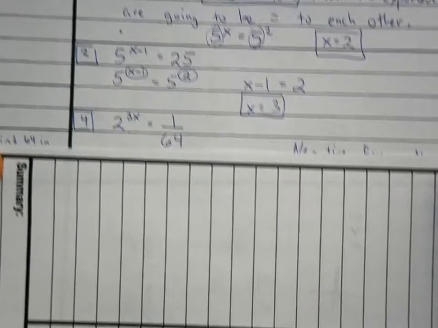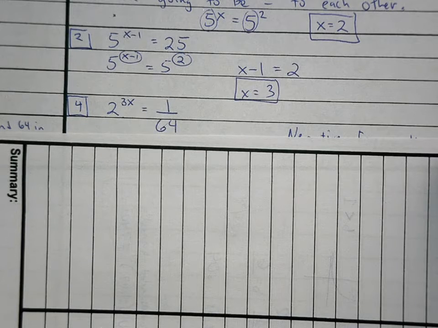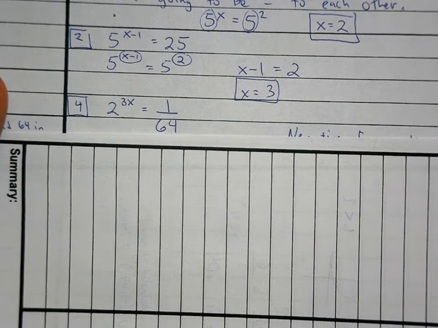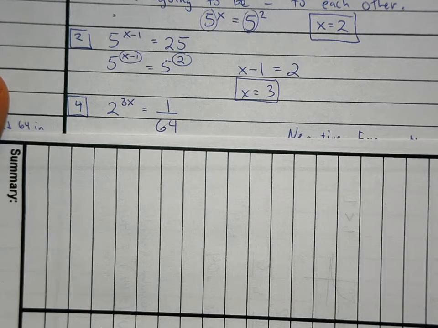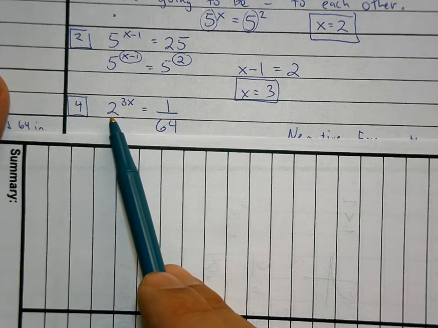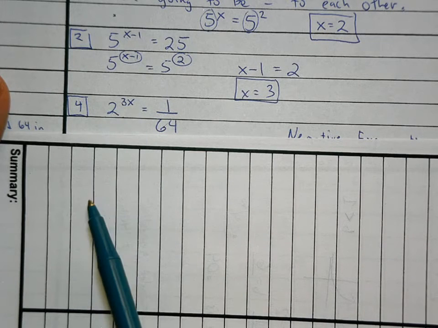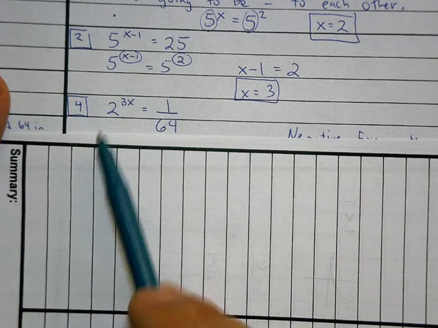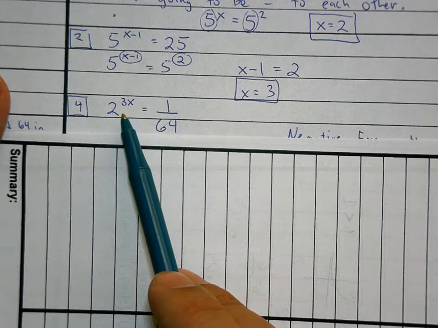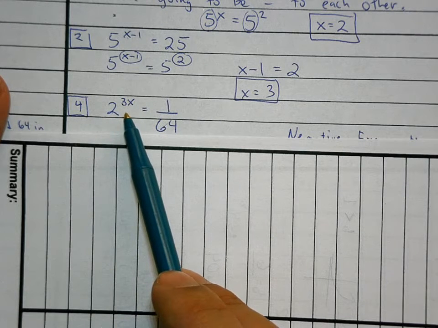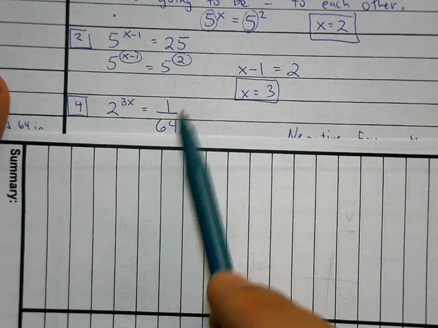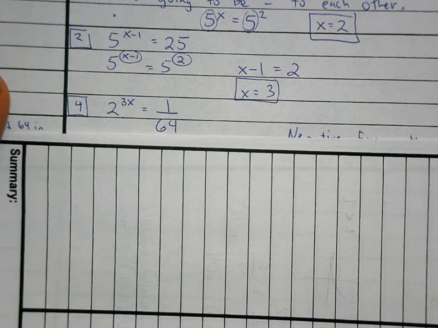This is number 4. Number 4 says 2 to the 3x is equal to 1 over 64.